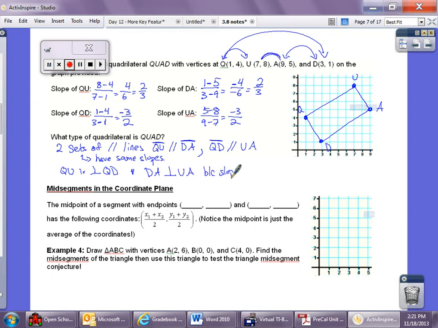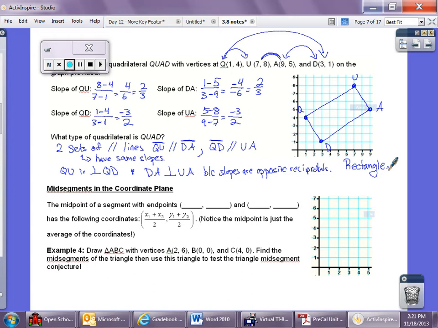So now we have two sets of perpendicular lines. So we have right angles, and we have two sets of parallel sides. So this is a rectangle. We have parallel lines and we have perpendicular lines.